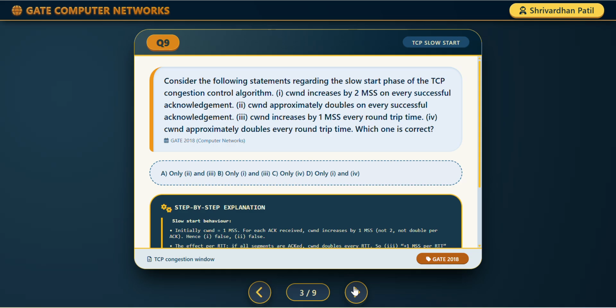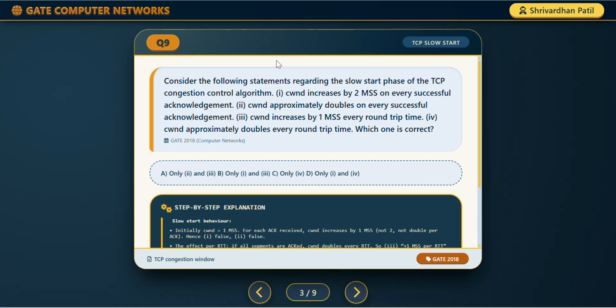Which statement about, like, I would not read the entire question, but I'll tell you the overall crux of this question. The question asks which statement about TCP slow start is correct. So in the slow start, the congestion window increases by 1 MSS per ACK.